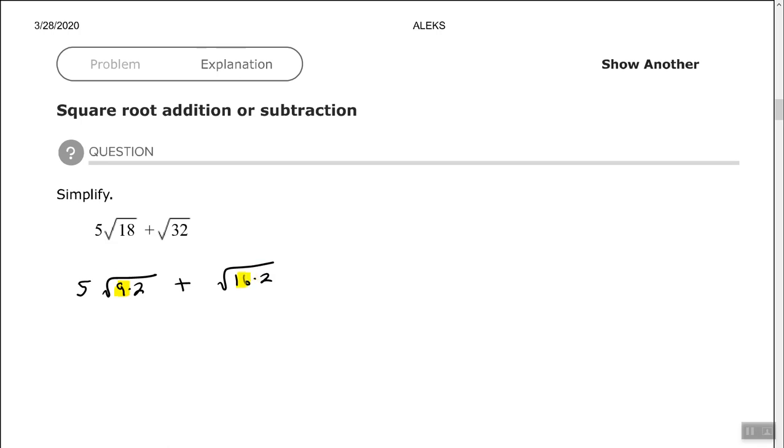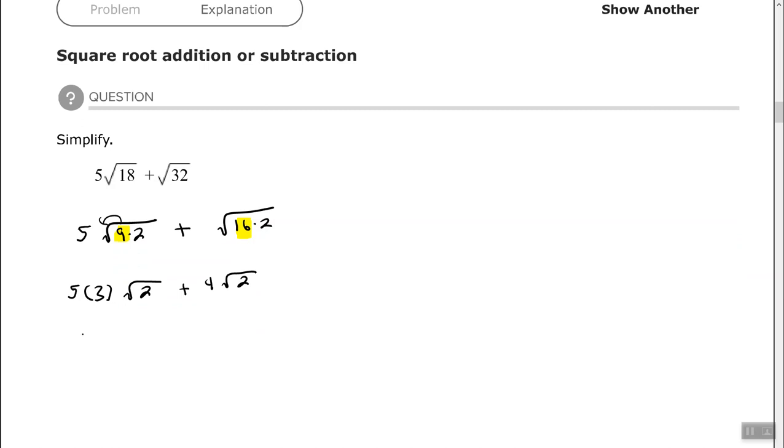So now I can simplify those perfect squares underneath each radical. The square root of 9 is 3, so I'll bring a 3 to the outside and multiply it times 5, with the square root of 2 left over. In the second radical, I have the square root of 16. The square root of 16 is 4, so I'll bring a 4 to the outside of the radical with the 2 left over on the inside.